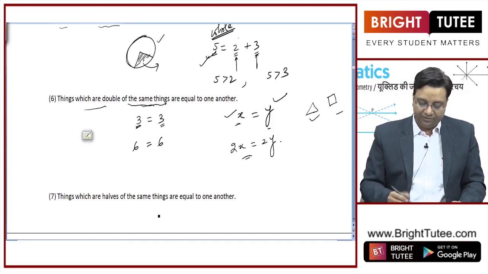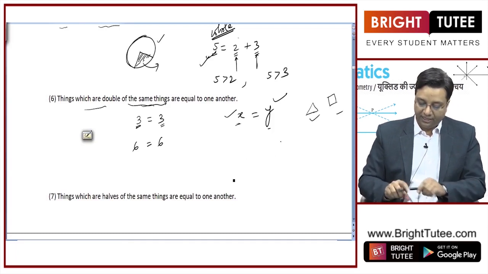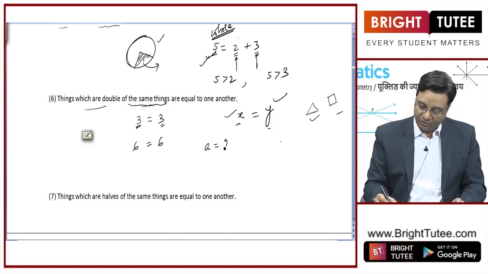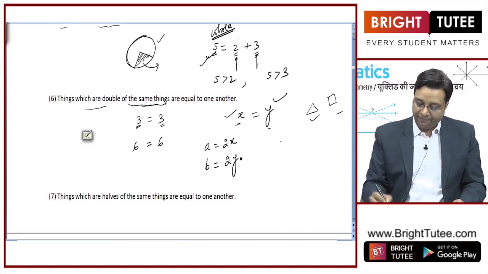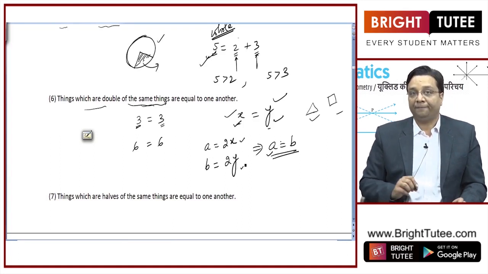To further explain it, let us say I have got a which is 2x, double of x, and b which is double of y. Now, if x is equal to y, then a is equal to b, because these are just doubles of x and y.